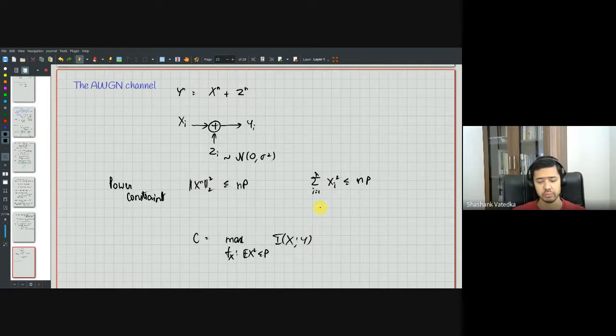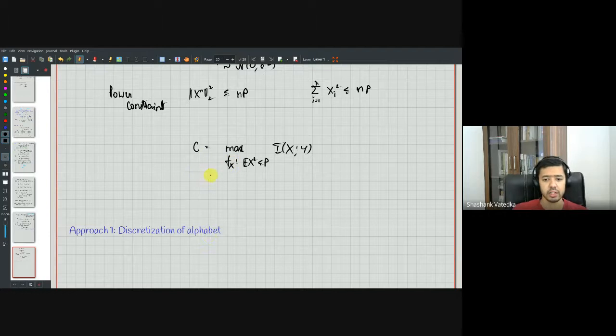And before we actually derive what the capacity is, in fact, the capacity turns out to be exactly identical to what we had in the discrete case, except that we are maximizing over all possible input PDFs, not PMFs. So the capacity is equal to the maximum of the mutual information between X and Y, and this maximization is carried out over all densities on X which satisfy this expected power constraint.